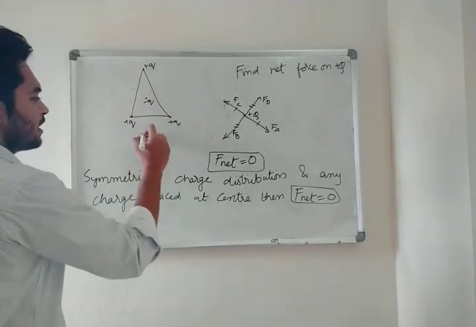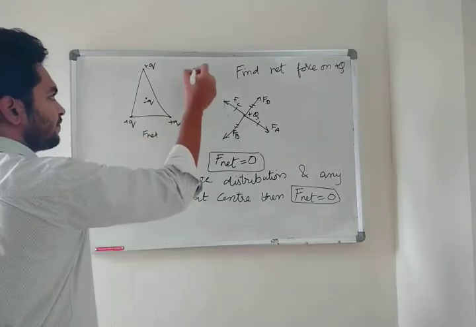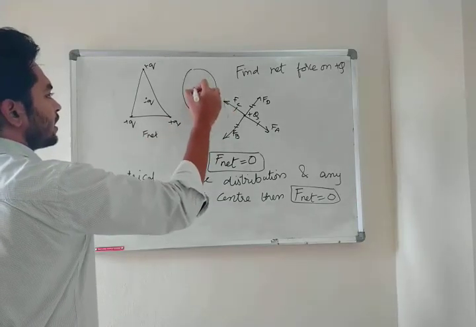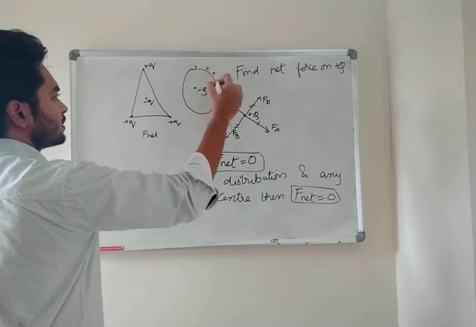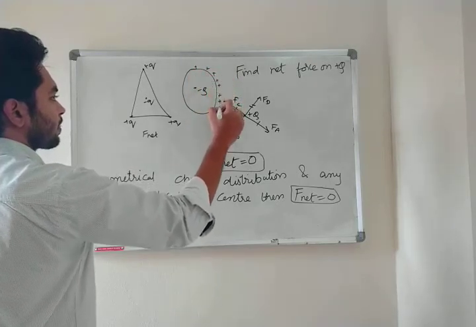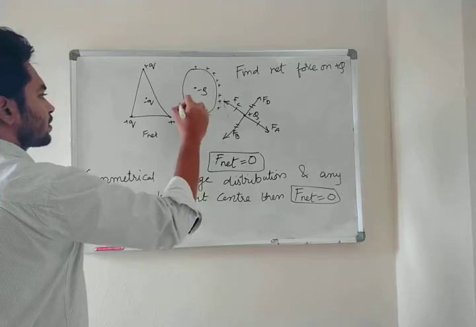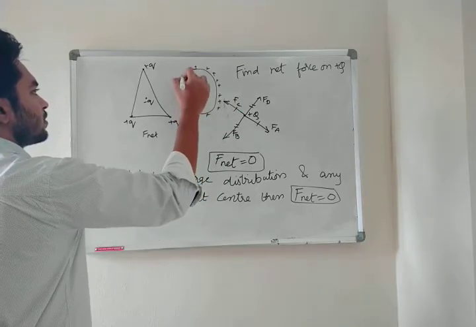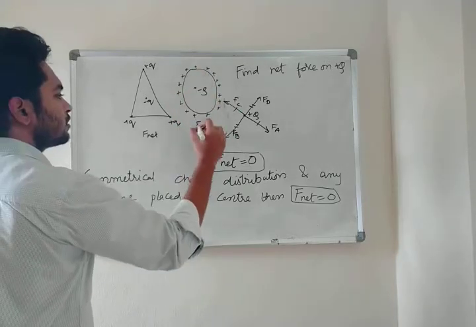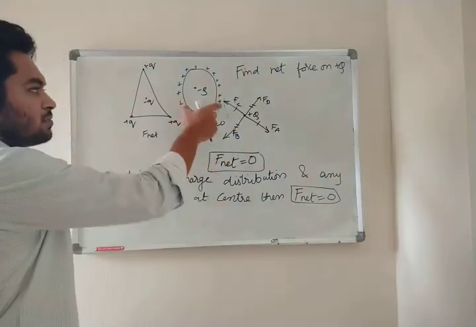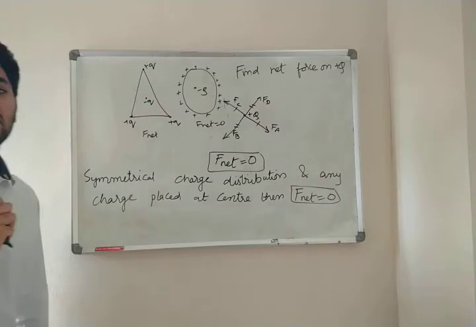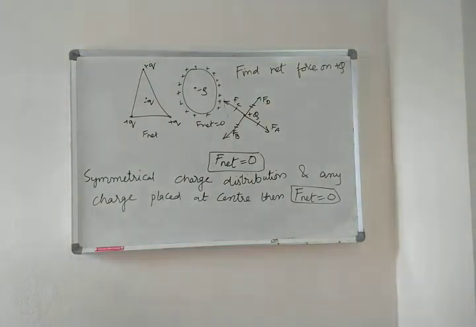So F net equals 0. And if suppose you consider negative Q and you put positives all over this, then also F net equals 0. So this is a symmetrical figure. So F net will be 0. Clear? Okay.